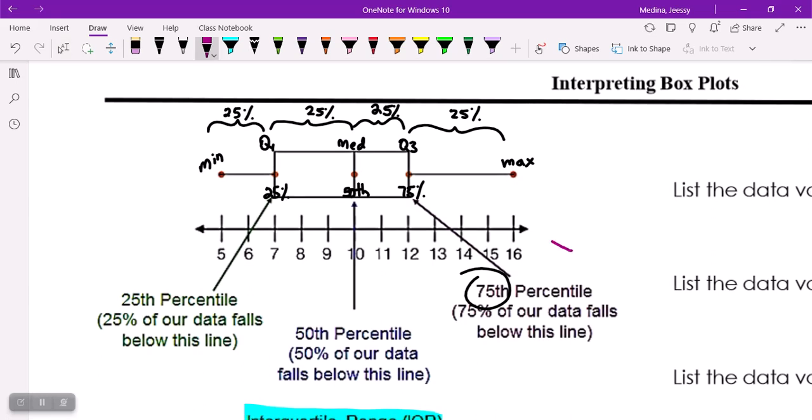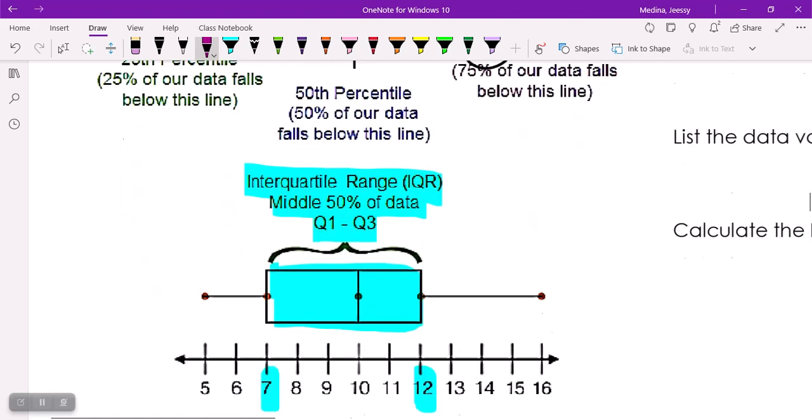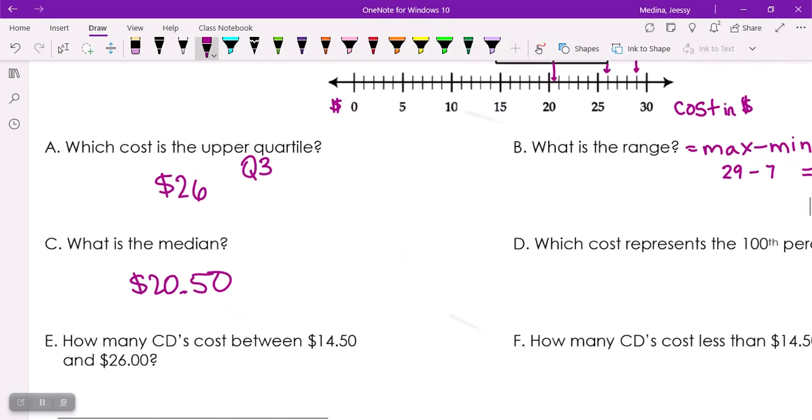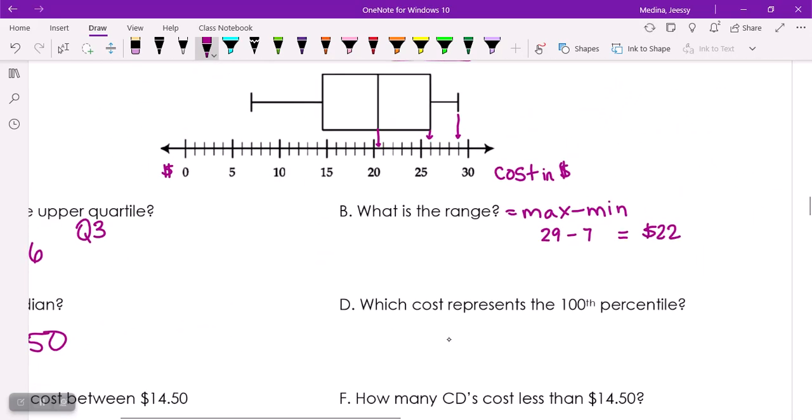Exactly. The 100th percentile is going to be here at the max, right? And the minimum is going to be the 0th percentile. So somebody said the answer already. I heard 29, correct? Why? Because that's the maximum.